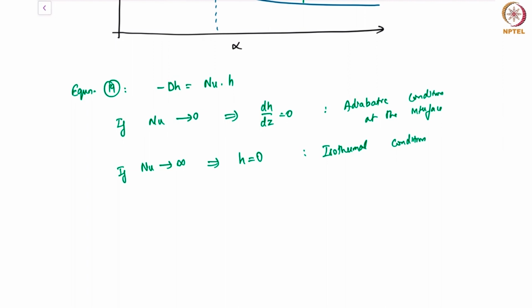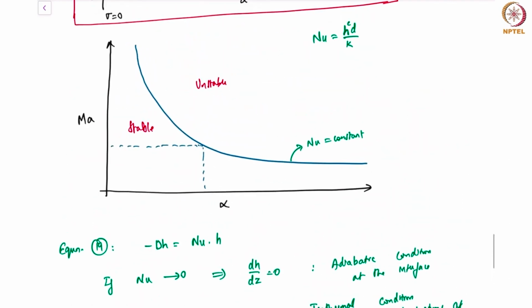When Nusselt number goes to infinity, 1 by Nusselt number goes to 0, you can divide throughout by Nusselt number and you get H equal to 0. H equal to 0 means no perturbations, no temperature fluctuations at the interface. If there are no temperature fluctuations at the interface, then there are no Marangoni stresses at all.